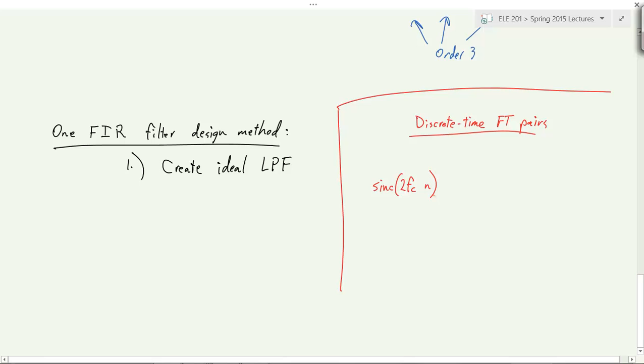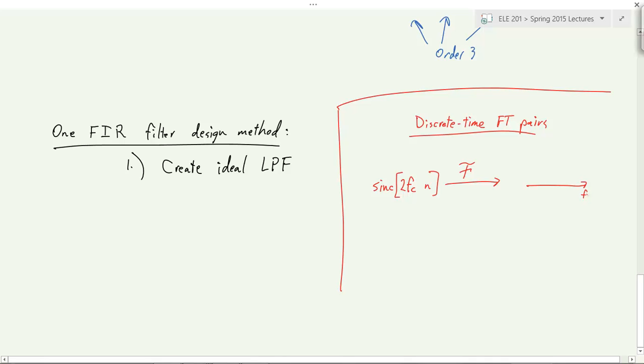If n were a t, this would be a low-pass filter with cutoff frequency fc. If you do a Fourier transform of this, what do we get, do you think, for discrete time? I should put brackets around it, that's what we like for discrete time. Turns out it is the same. You still get the ideal low-pass filter, assuming fc is less than a half.